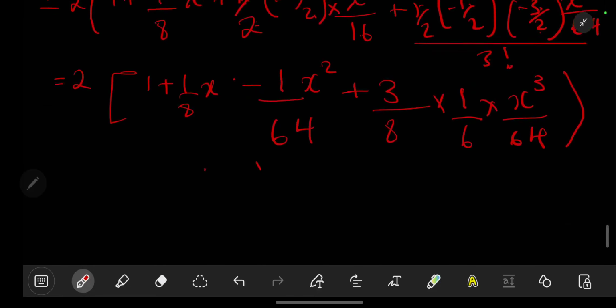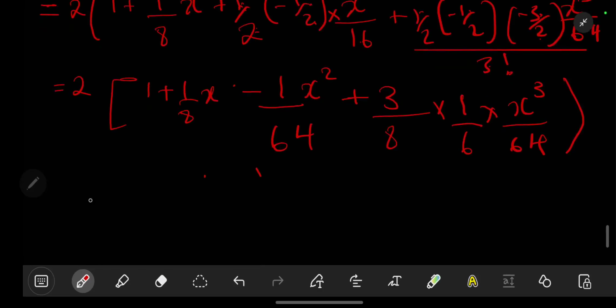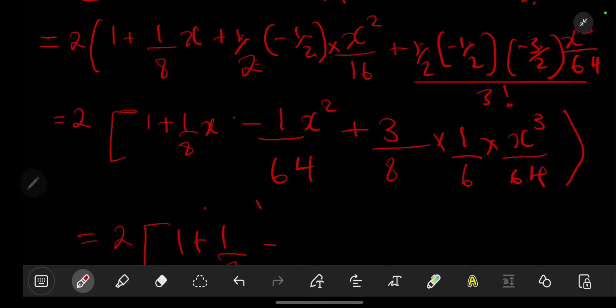From here, what you can now do is simplify where necessary. So we are going to get something like 2, then we have 1 plus 1 over 8 like that. Minus, we have our value here. So these values are very important.